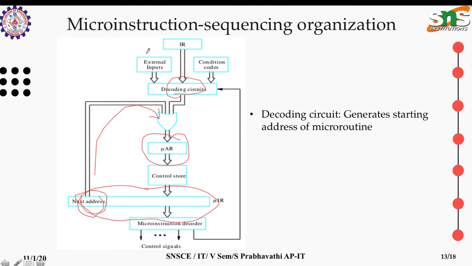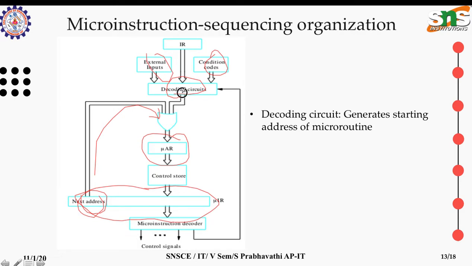So we need to consider the external inputs and some condition codes like flags, software interrupts, everything has to be considered. The decoding circuit will pick which one to perform, and at the very first time the decoding circuit will give the address of the micro instruction.